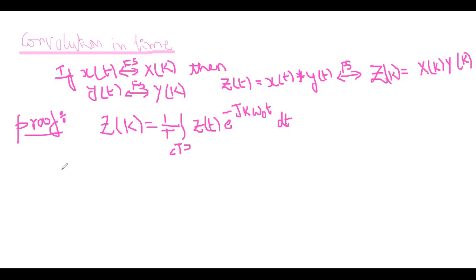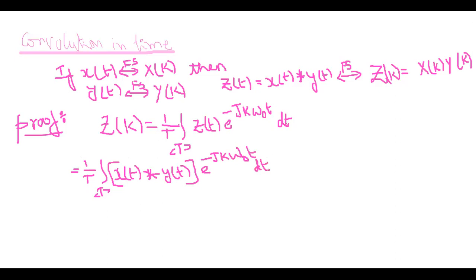So what is z of t here? That is equal to 1 by T, the integral over T, of z of t, the convolution of x of t and y of t, times e power minus jk omega naught t dt.